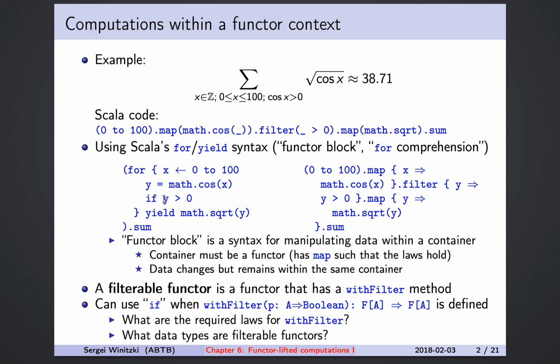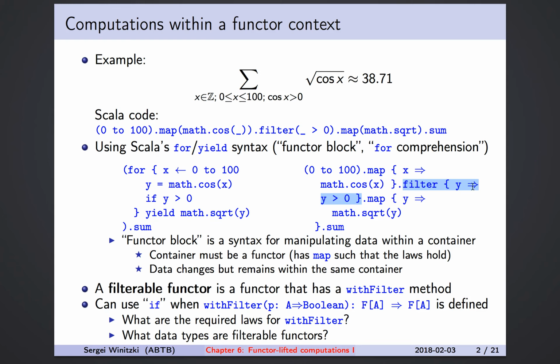However, if some y in this computation is non-positive, we will not compute the square root of y. So this value will be omitted from this resulting sequence. Just like it is here, because it's the same code, it's just written in a different syntax.